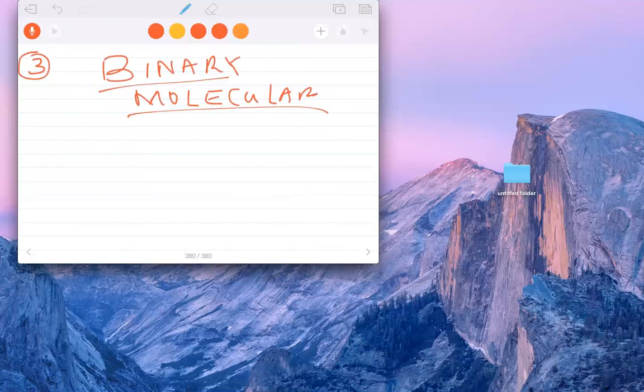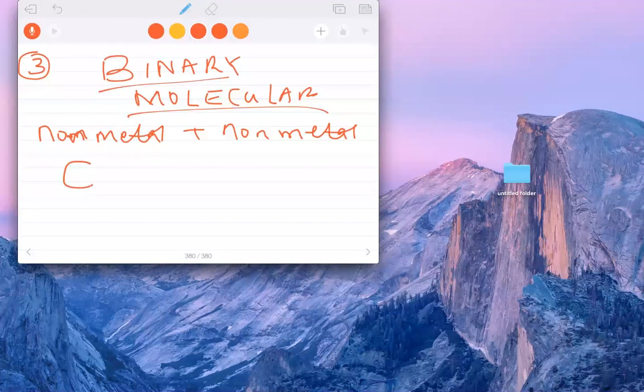Molecular compounds versus ionic compounds. Molecular compounds are made up of non-metal plus non-metal. That's how you know you are in molecular territory rather than ionic: two non-metals.